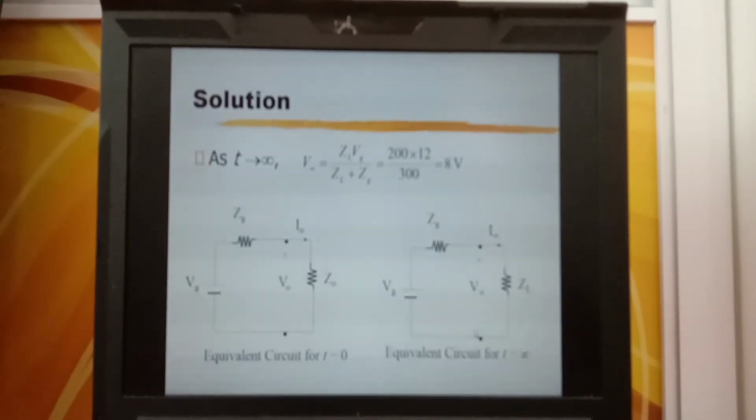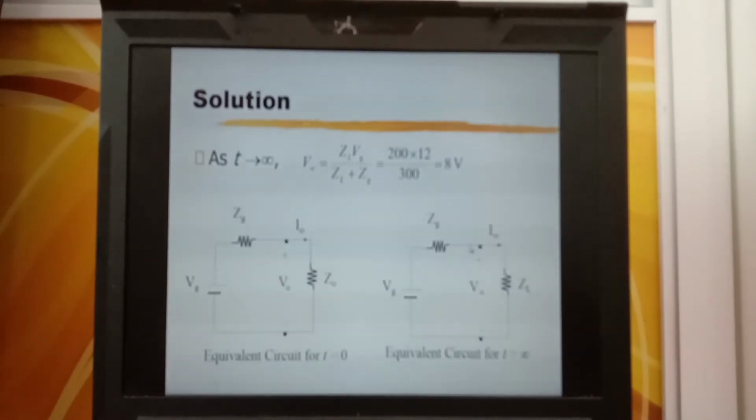So we can use circuit theory to find the voltage across the load ZL, and this voltage is also the same at the source end, because in this steady state condition, the voltage along the transmission line is the same everywhere.